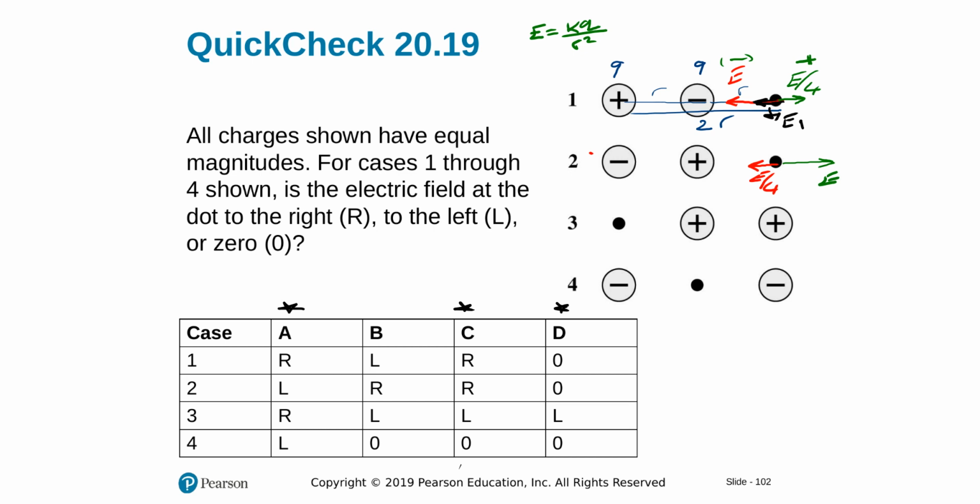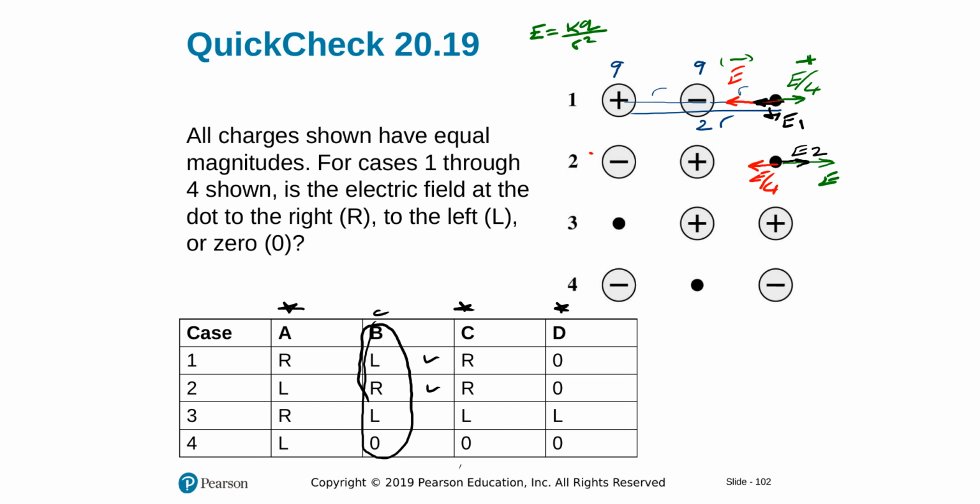The magnitude will be the same, but this time it will be to the right. If I was comparing first and second, I would say they have the same magnitude. But overall, I'm going to have an electric field E2 to the right. The second is right. So this one is correct here. Left, right, we got that right.